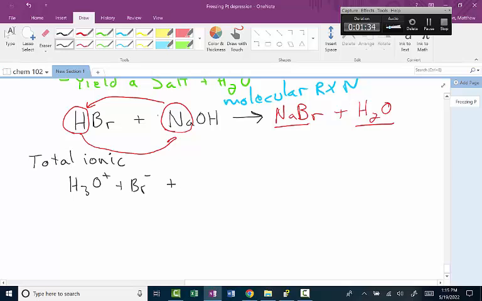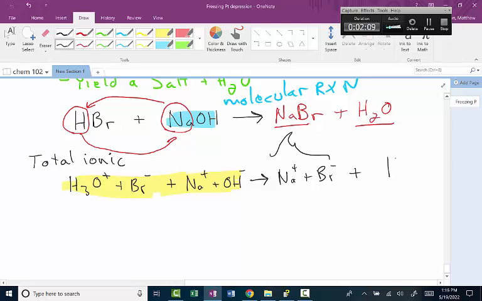And sodium hydroxide dissociates in water to give us Na plus OH minus. That's how it actually is in water. That's how it exists. This gives us sodium plus Br minus. That's what we get out of here. And here we get water as itself.